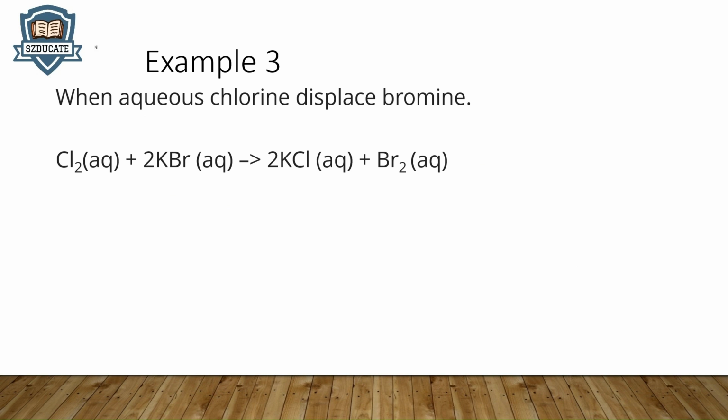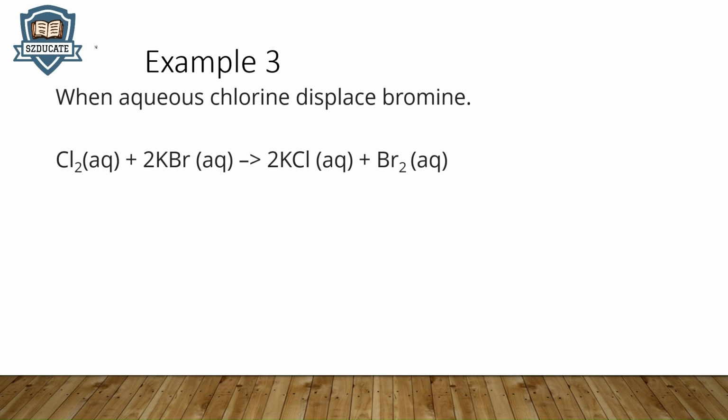So in this case, we have aqueous chlorine, which means it's already dissolved in water, reacting with potassium bromide. Because bromine is less reactive than chlorine, the chlorine will displace the bromine and combine with potassium instead. So this is the full chemical equation that we have written out.